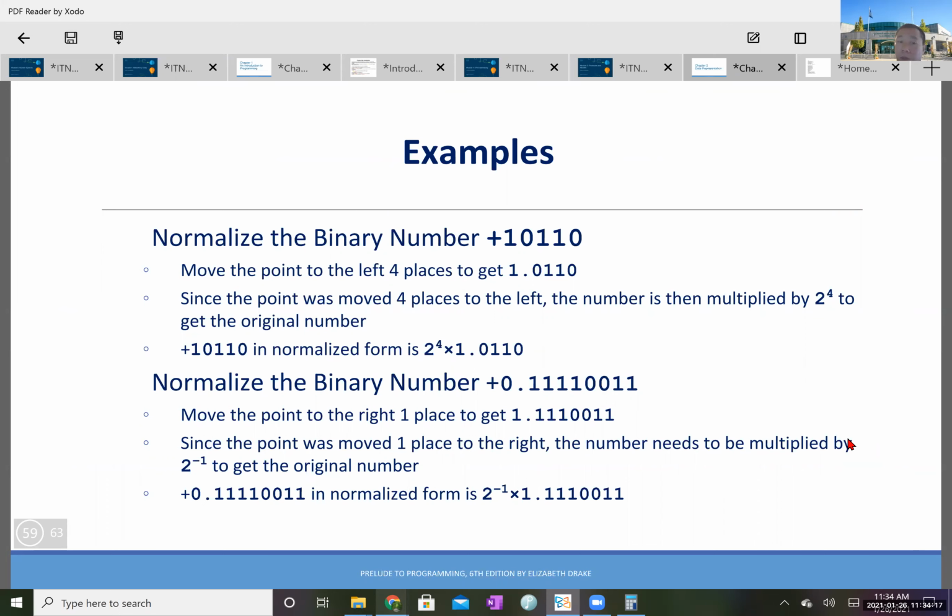So in order to normalize the binary number, you have to move to the first non-zero digit. That's why you always have to move to the first number one here, right? So we see for this one, you have to move it to one here, right? So when you move to the left, you have 1, 2, 3, 4 here.